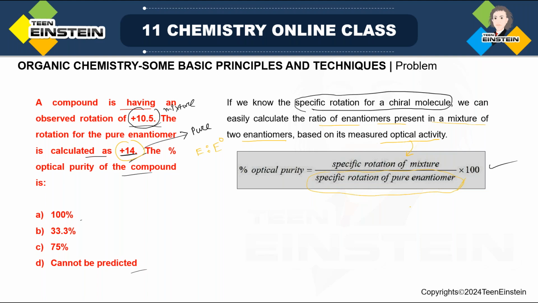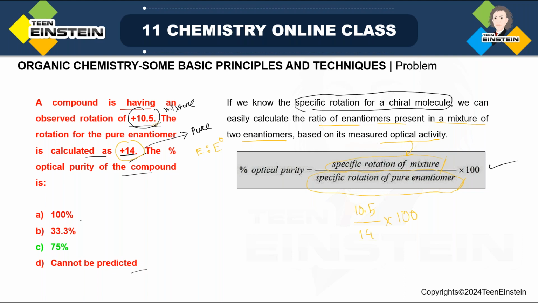So the denominator is fixed, but the numerator you have to measure by experiment. As we already have this information, this will be 10.5 and this will be 14. When you take the ratio of these two, you will see it is almost 75%.